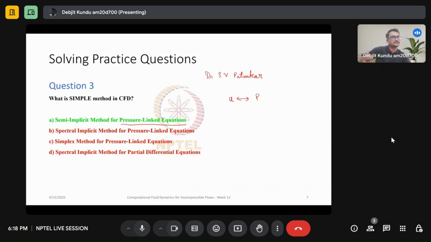And the second is the nature of the method being semi-implicit. In the actual method, the velocity equation is implicit.